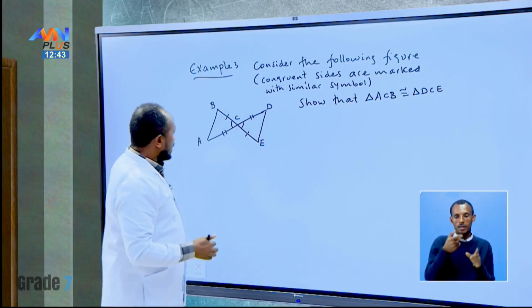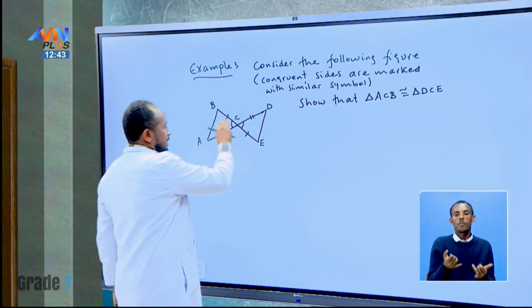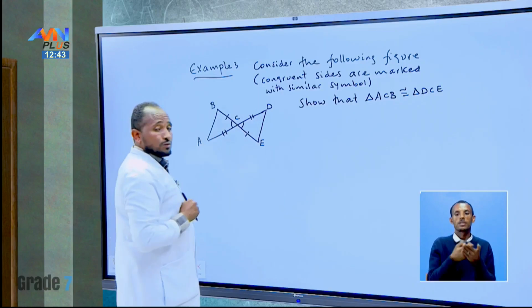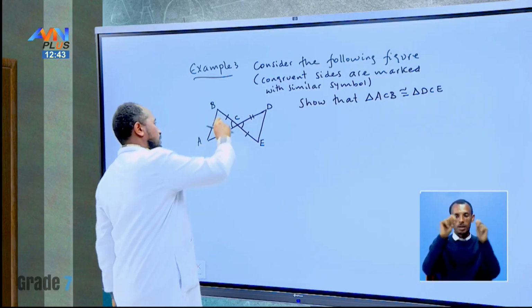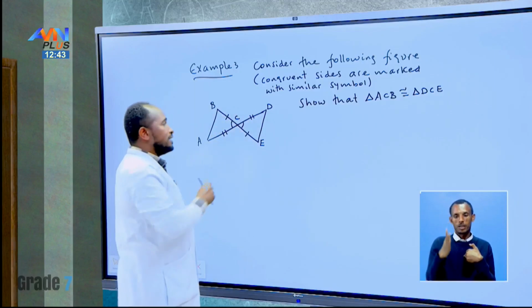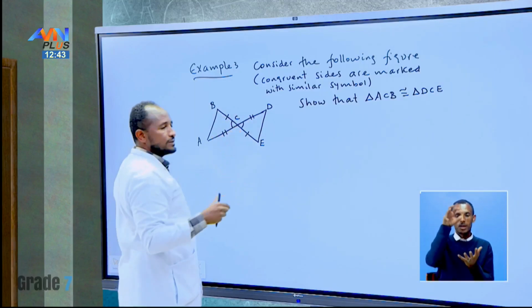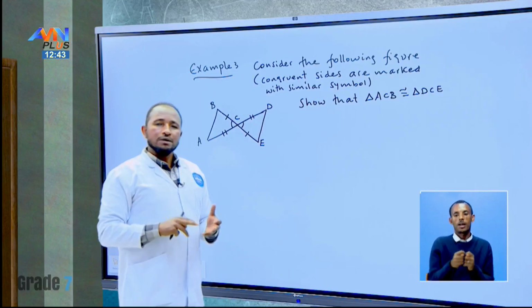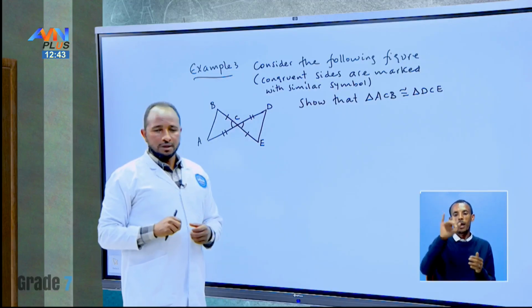So, now we are ready to judge the congruency of these two triangles. Here we have two corresponding sides congruent, and the included angle for both is congruent. Therefore, these two triangles are congruent by side angle side congruency test.